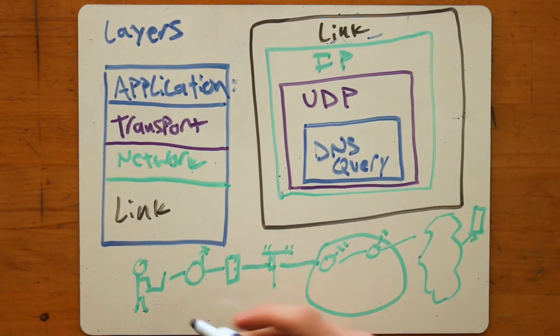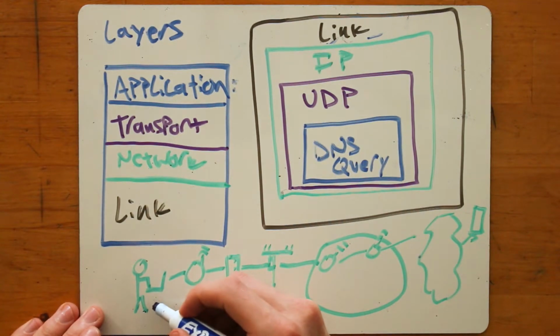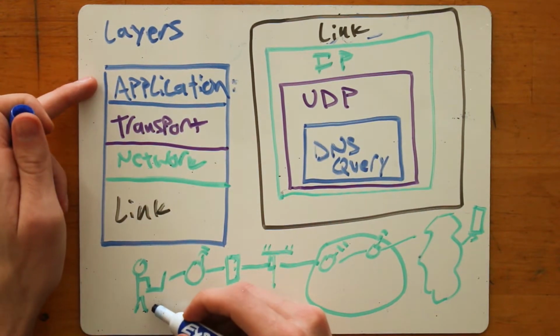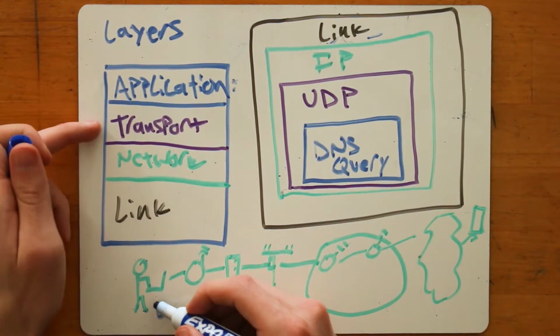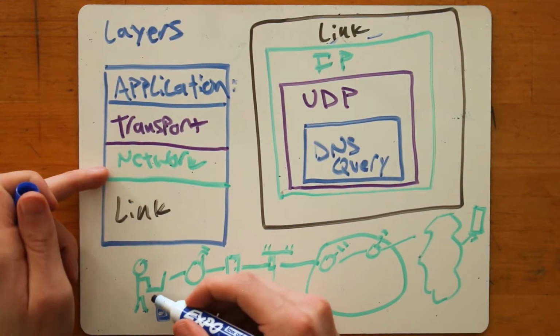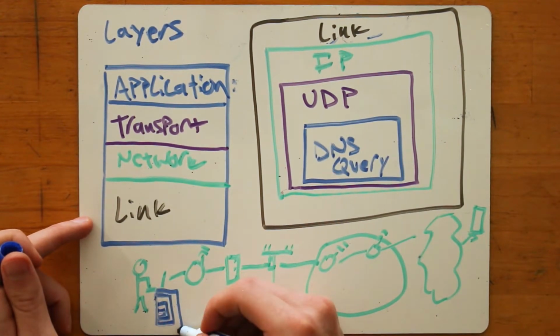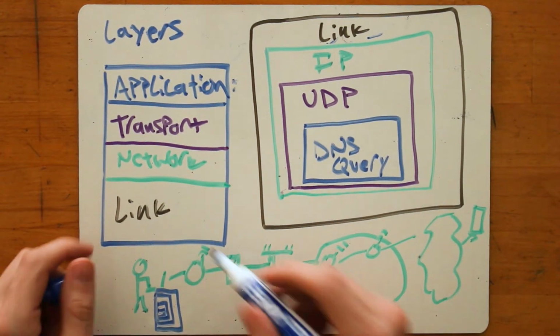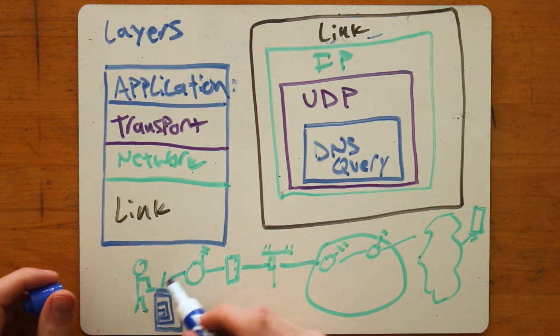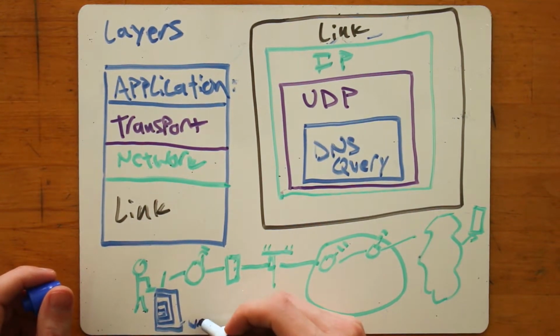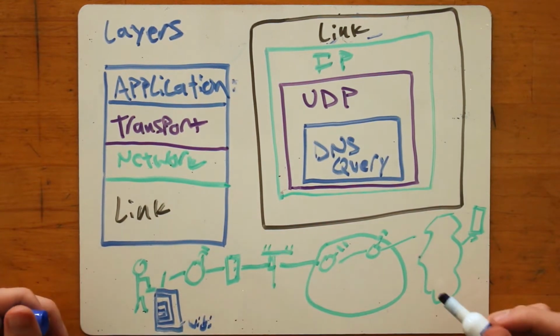So I create all 5 layers here. I create the DNS packet, and it gets wrapped in a transport, and it gets wrapped in a network, and that gets wrapped in a link. And this link layer is specific to however my computer is connected to this router. So this link layer is going to be a Wi-Fi packet.